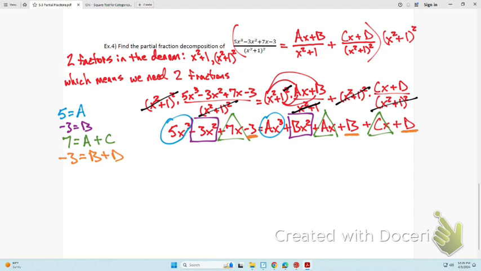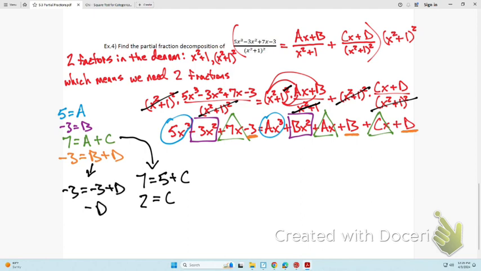And this should go pretty quick because we already have a and b. For c, let's plug in 5. And we see that c is 2. For d, let's plug in -3. And we see that d is 0.